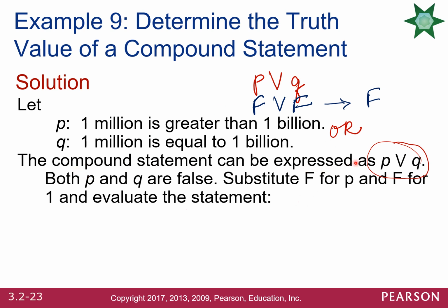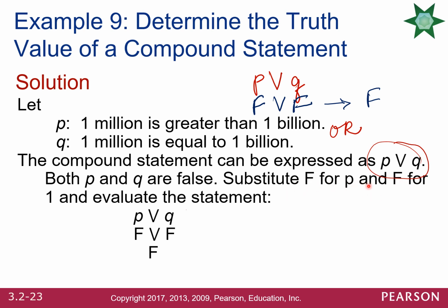The compound statement can be expressed as P or Q. Both P and Q are false, which we saw by reading the two statements. Substitute F for P and F for Q and evaluate the statement. So P or Q, so F or F, which results in an F. Now over here, I think this is a typo really.